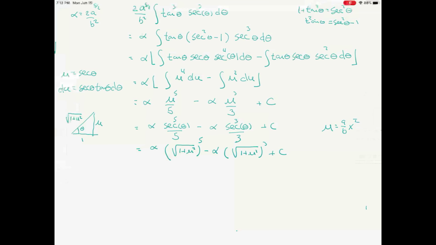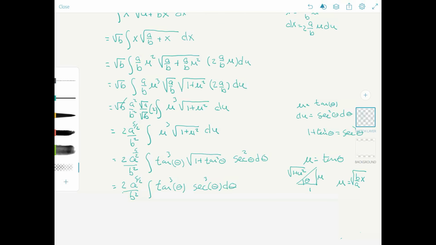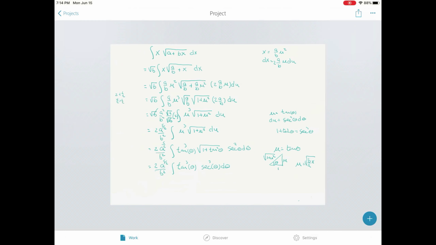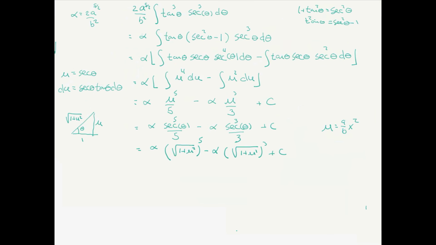So was that right? Is that what we had? Let's just take it real quickly. We said x equals ab u squared. So I had it wrong. Let's get that back.